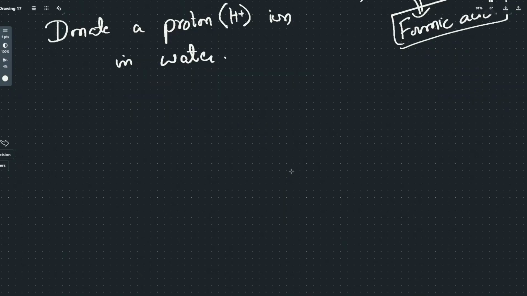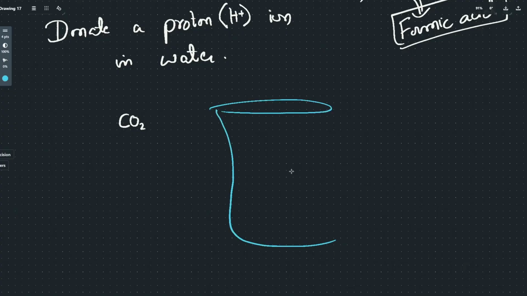So if we talk about CO2, it can get dissolved in water, or in blood as well.